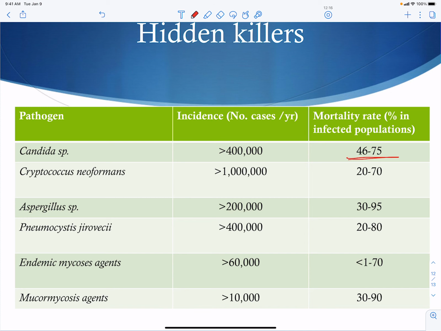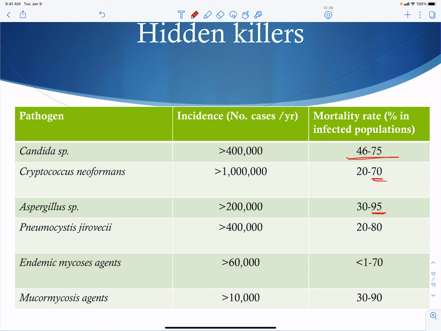Cryptococcus neoformans, where you present with meningitis, has up to 70% mortality. Aspergillus can have up to 95%, depending on the state of the patient. People who are debilitated in the hospital are exposed to Aspergillus all the time. It's known as the showerhead fungus because it grows everywhere.